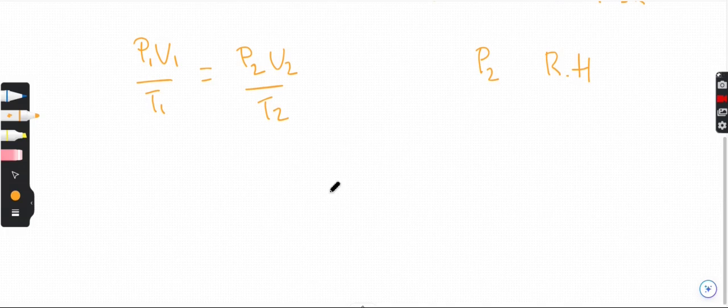So I'm going to move everything across. I know that T2 is divided by, so to move it across, I'm going to times it. So P1 V1 T2 over T1 equals P2 V2. What I've done there is brought the T2 up. It's divided there, so I've multiplied it, brings it up.